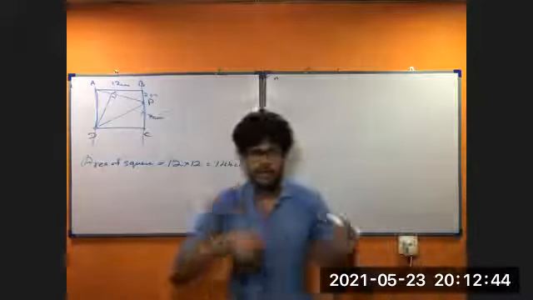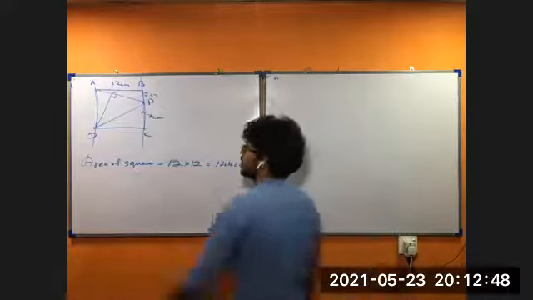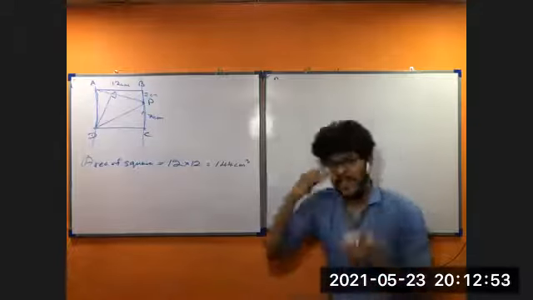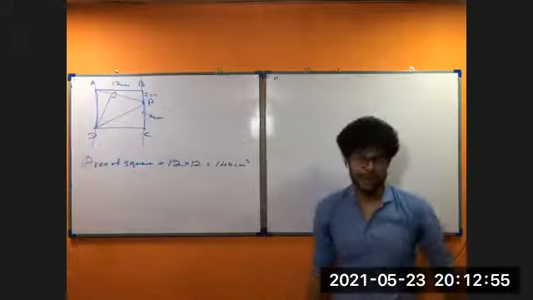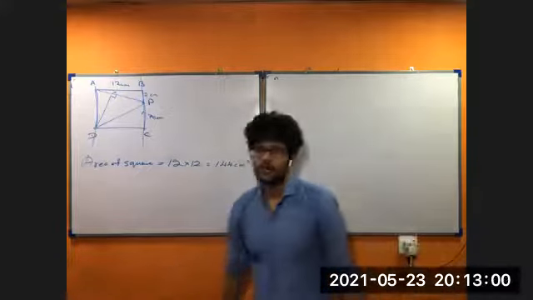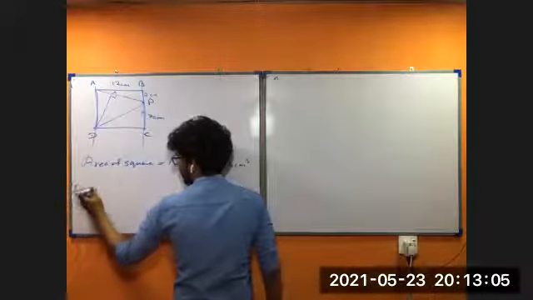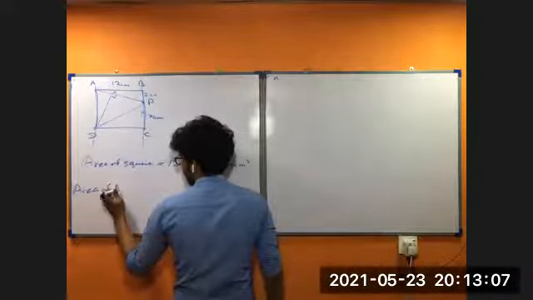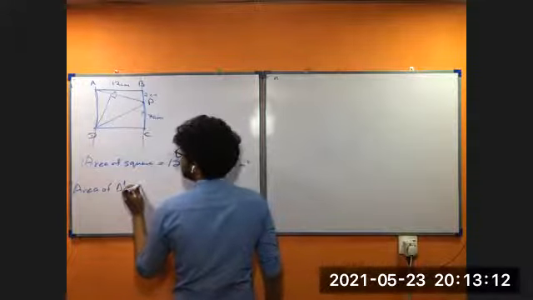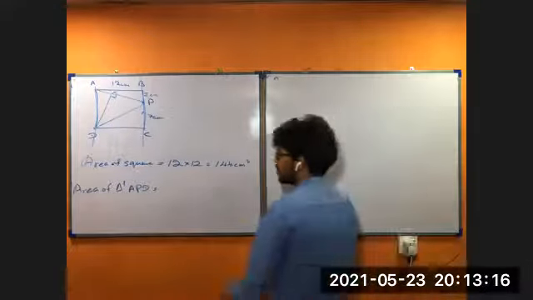So the theorem we learned before, like we did exercises right now, what did we say? If there is a triangle and a parallelogram with the same base and between the same pair of parallel lines, the area of the triangle is going to be half of the area of the parallelogram. Therefore, I can write area of triangle APD is equal to what?